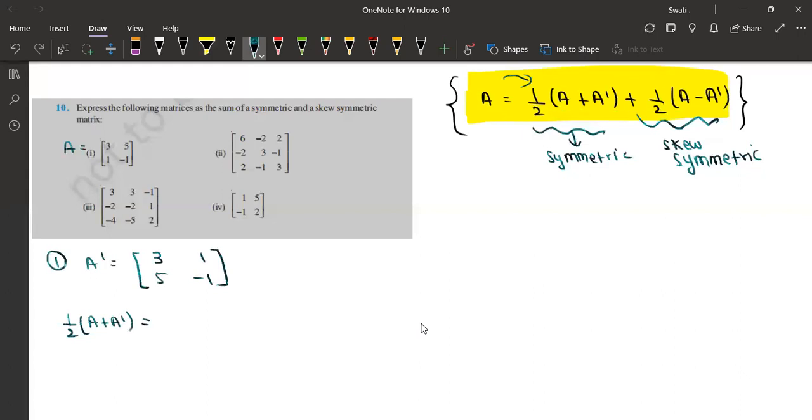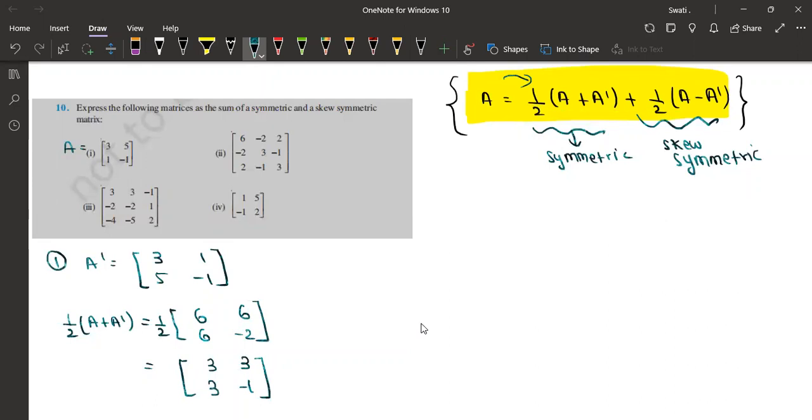First we need to do A plus A transpose, and this is going to be half. If you add this, 3 plus 3 is 6. Then we have again 6 here, then 6 here, and -2 here. If you simplify this, it is going to be 3, 3, 3, -1. This is the answer of half of A plus A transpose.